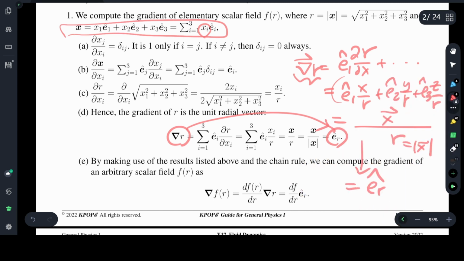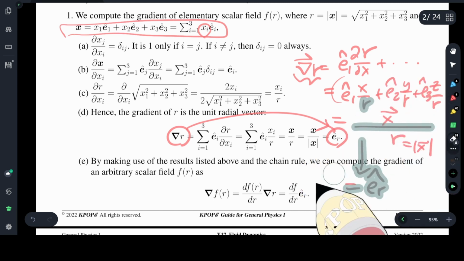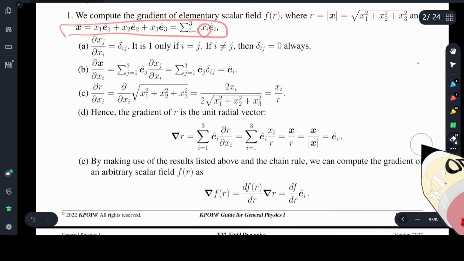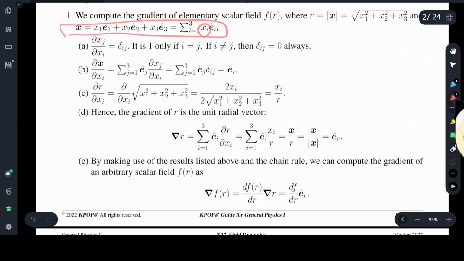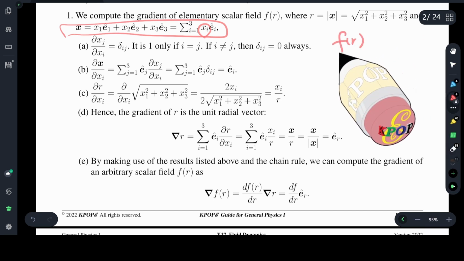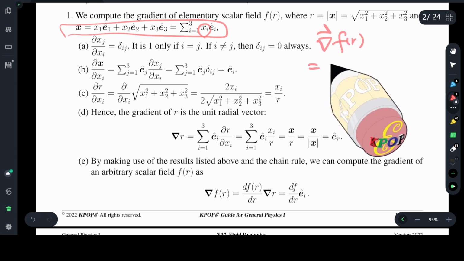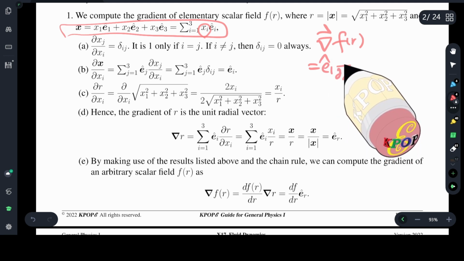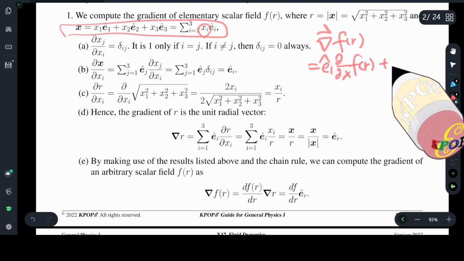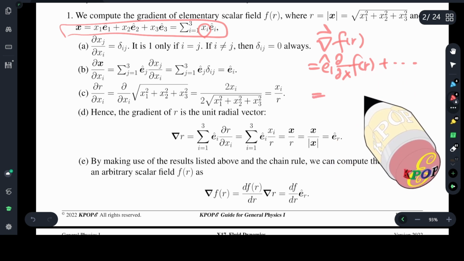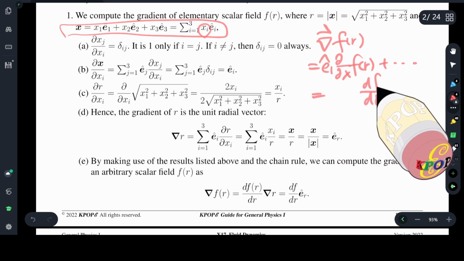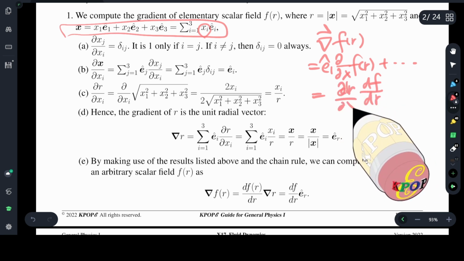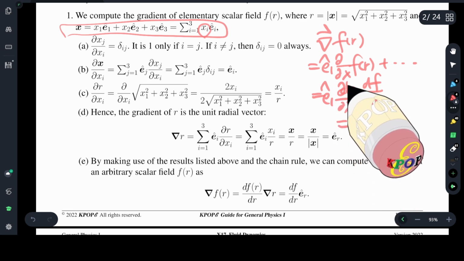If we make use of these results, we can compute the gradient of f(r) for an arbitrary function of r. For the gradient of f(r), I can make use of the chain rule.